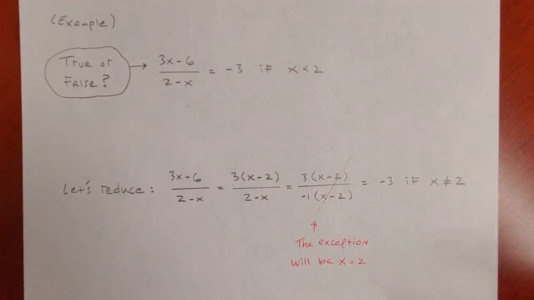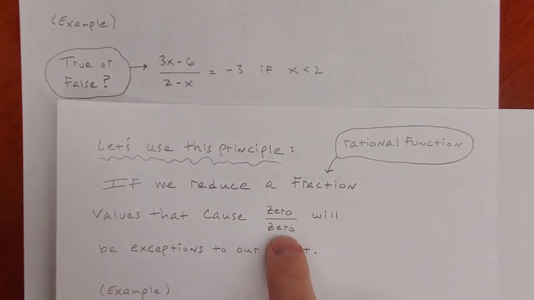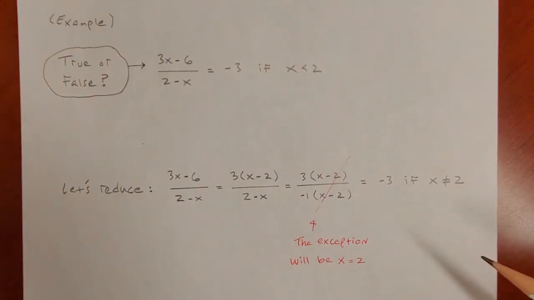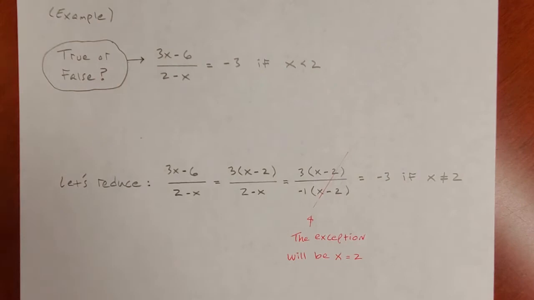Here's our exception, right? I mean, it's all based on this principle that we reduce a fraction. Any value that causes 0 over 0 as we reduce it will be an exception. So 2 is that number. Now, if this is true, is that one true?